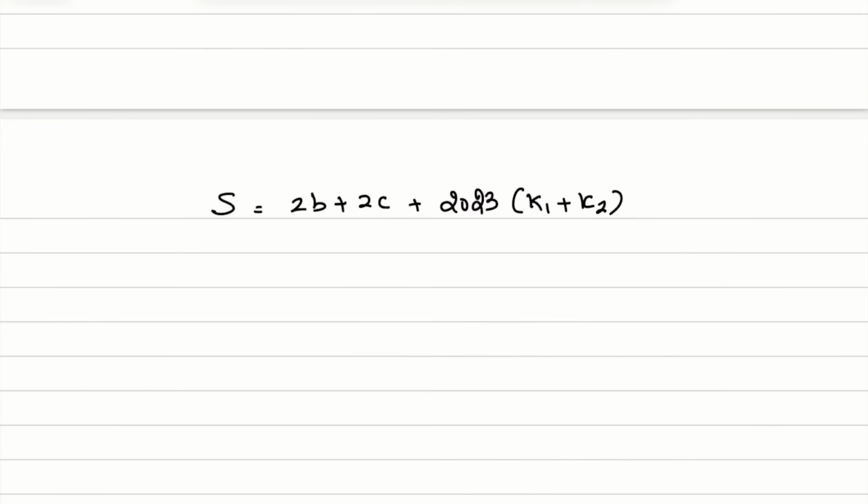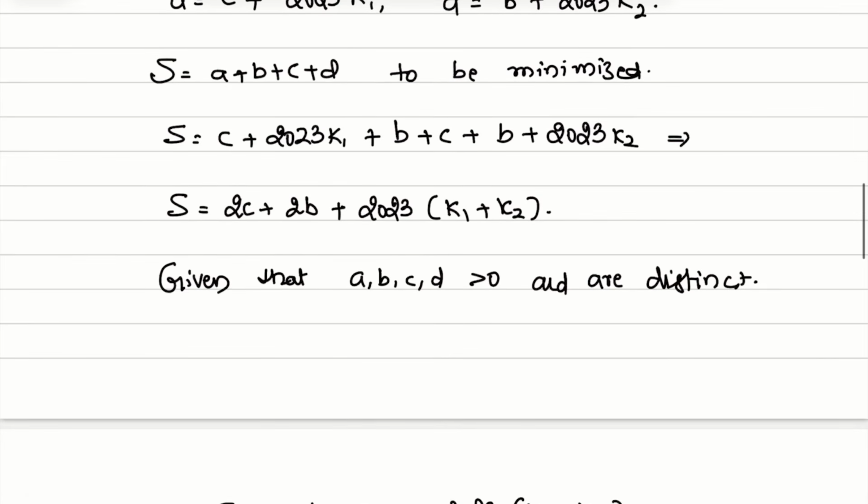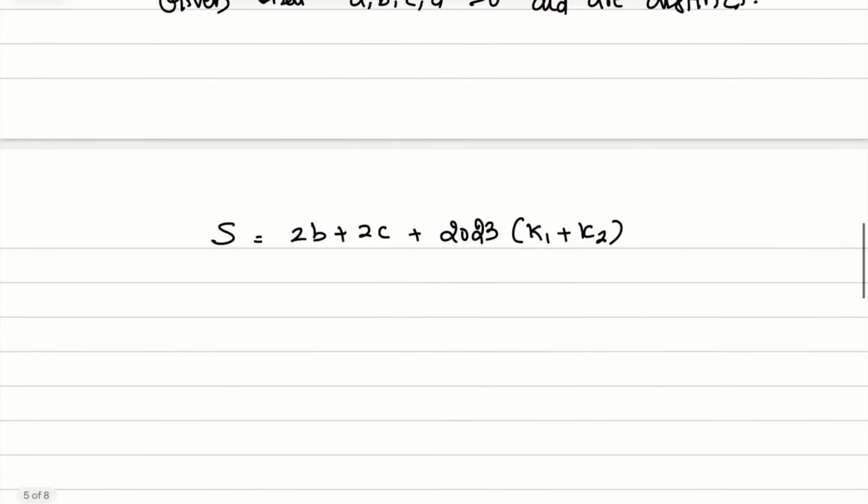When 2023 is multiplied by some K1 plus K2, please try to understand how we minimize.